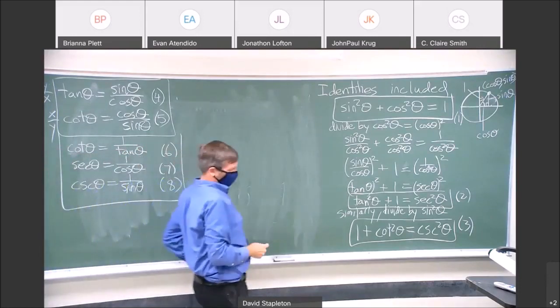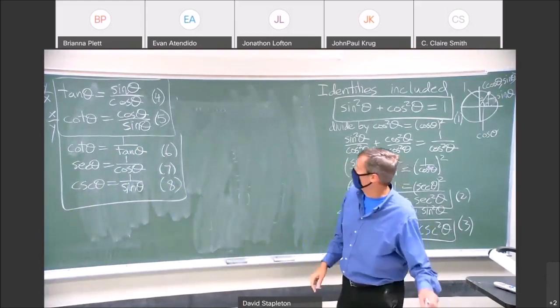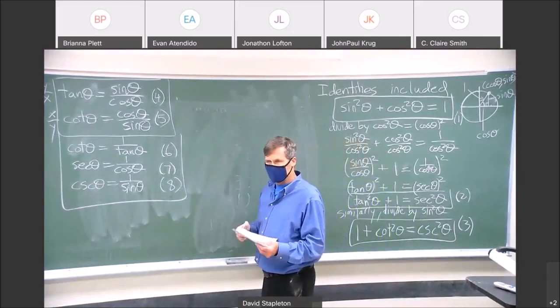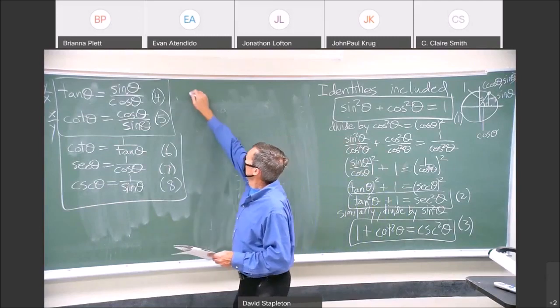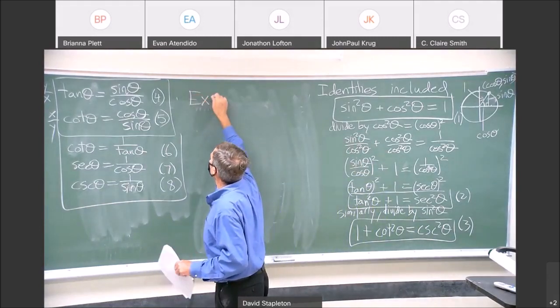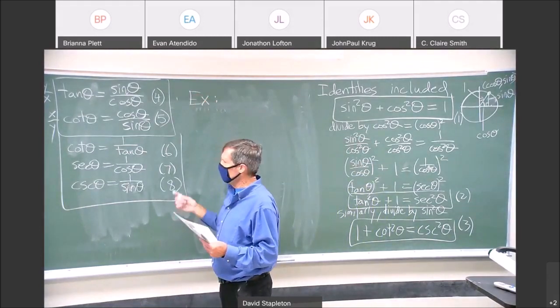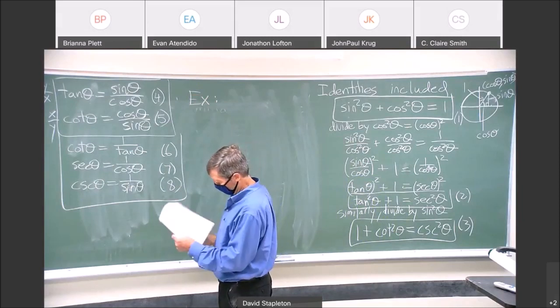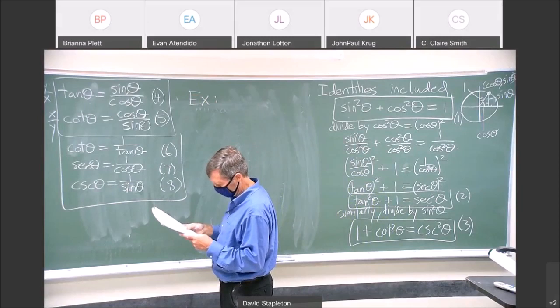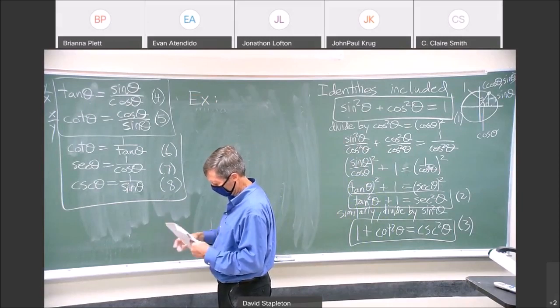Okay, now we can do some interesting things with these. What happens a lot in industry is you'll get an answer at the end of a problem, and it'll be a complicated trigonometric expression that actually represents something simple.